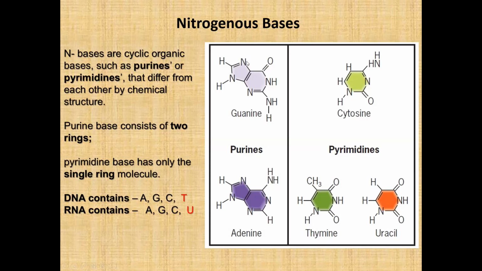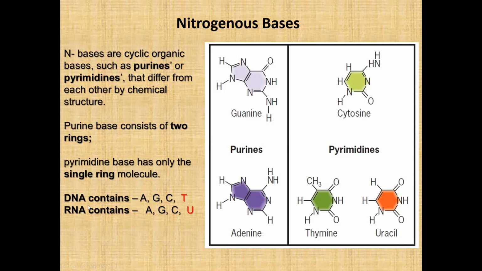The nitrogenous bases that contain a two-ring structure, like guanine and adenine, belong to the so-called purines, but the nitrogenous bases that contain only one ring in their chemical structure belong to pyrimidines. So please remember that cytosine, thymine, and uracil belong to pyrimidines, and guanine and adenine belong to purines.